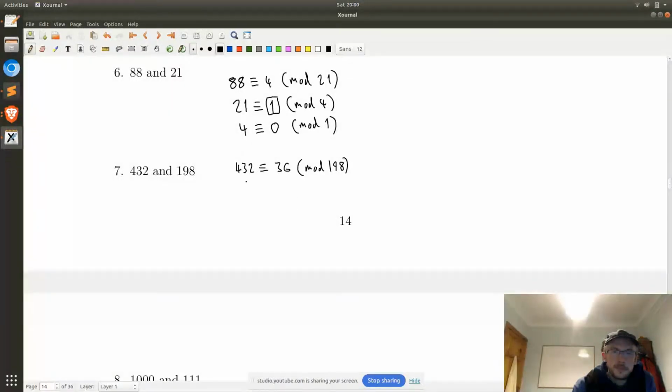Is 180. So 198 is congruent to 18 modulo 36. And finally, 36 is congruent to 0 modulo 18. And so the final answer is 18.